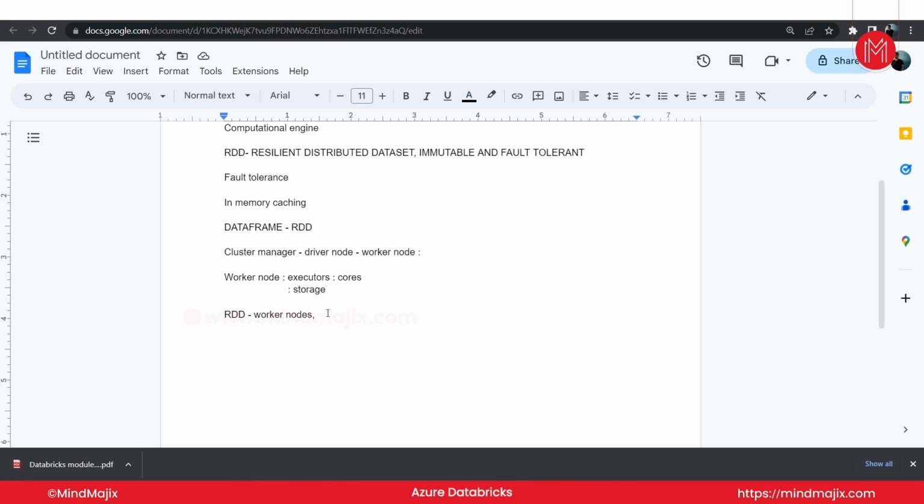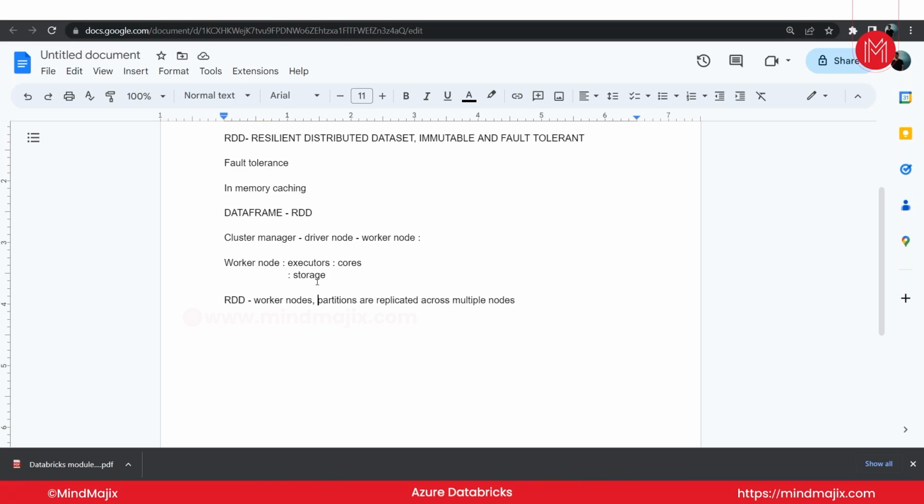Say one node were to fail; to prevent that, there will be replication. So whenever any node fails, since the partitions are spread across multiple nodes, it can still recover, because the partition of data is replicated in other nodes as well.